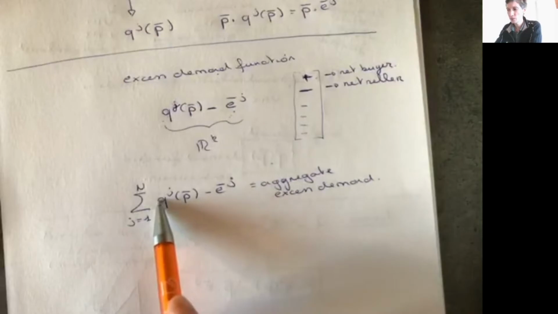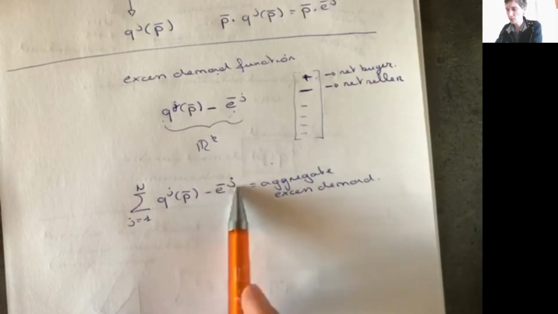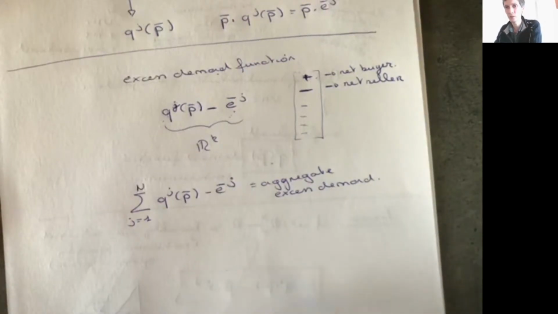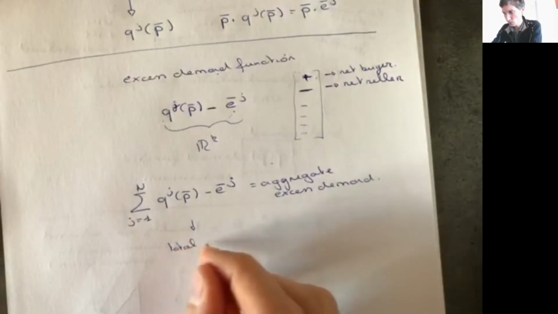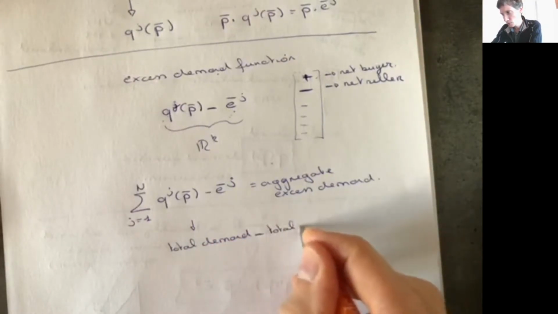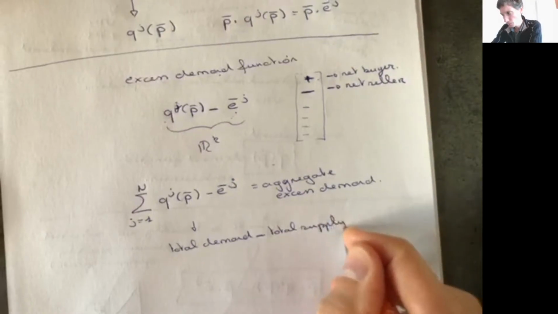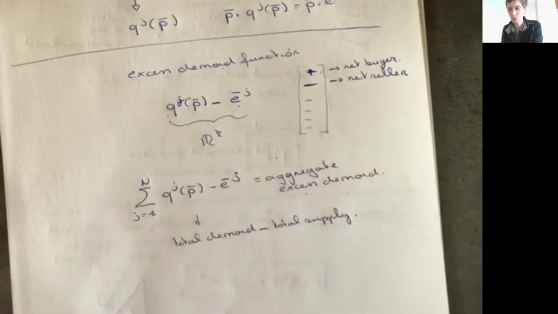It's the total amount of a particular good that is consumed minus the total amount of this particular good that's offered on the market, the total endowment of this good. So total demand minus total supply. This is why it's called an excess demand. You look at all the amounts that are bought of the good and then all the amounts that are supplied of the same good. Do this for every good, you have a vector, and this will be the vector.